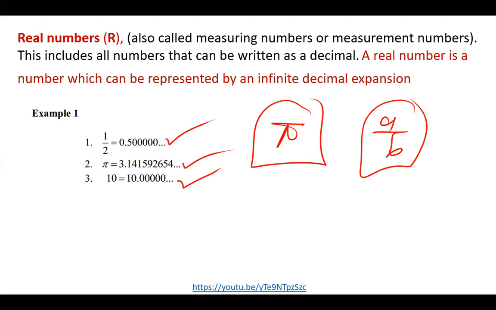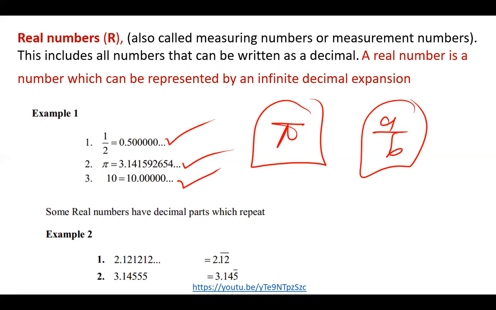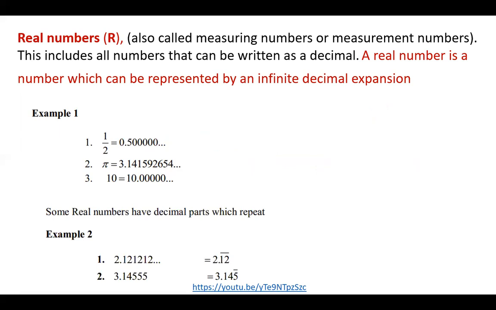Let's quickly move on. Some of the real numbers have decimal parts which repeat. Like this one here, 2.12121, which is repeating.